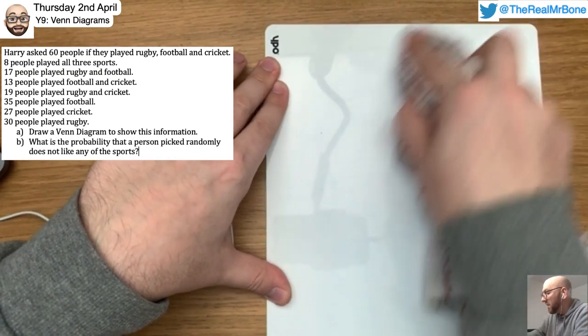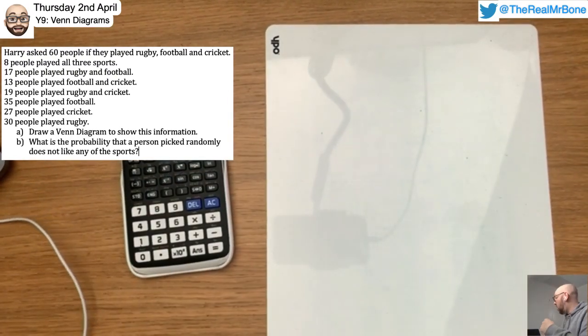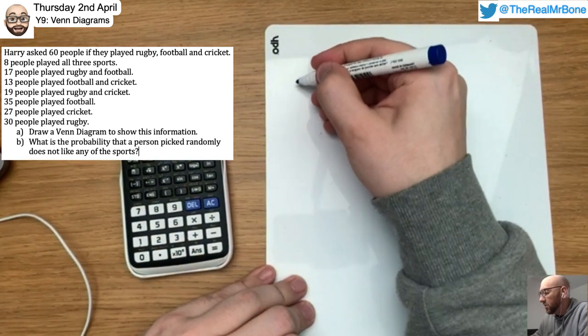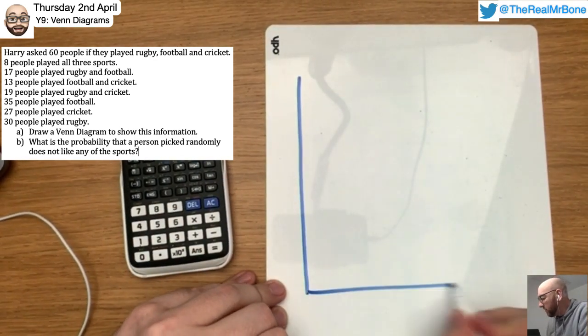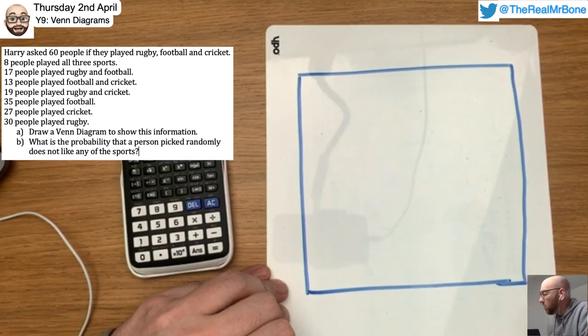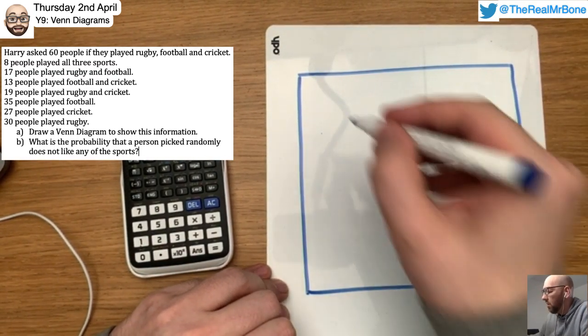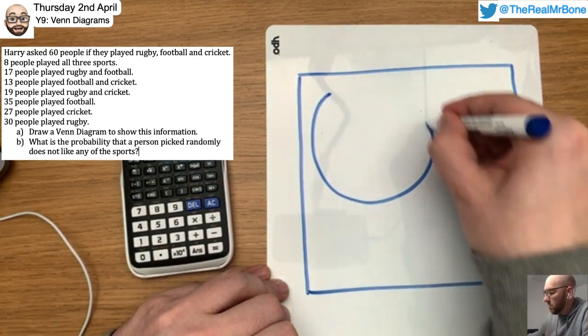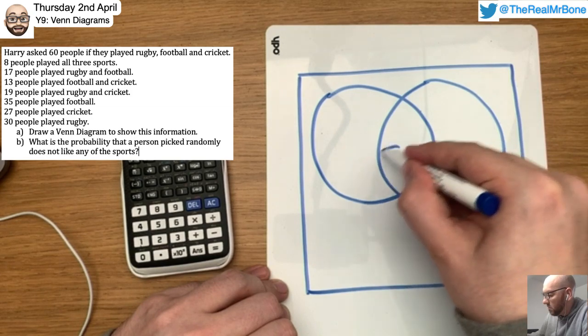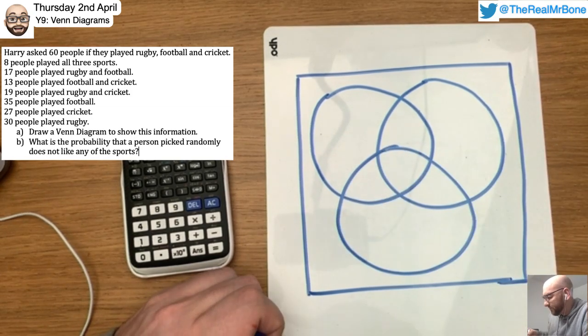We need to think about what we've already got and how many more or how few people need to go in another section in order to get the right answer. And the best way of doing these is always starting at the middle and working our way out of the Venn diagram. So we've got 1 circle, 2 circles, 3 circles.